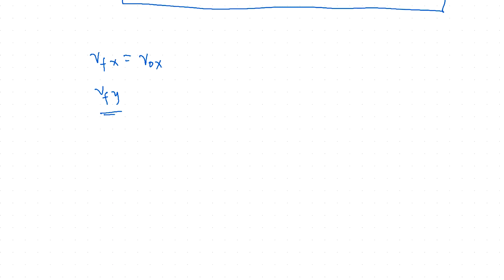Siyempre, gagamitin ulit natin yung mga formula for the y component, no? And we know the initial value, we know the time, we know the acceleration. So we can use, pwede natin gamitin yung first equation. Since alam natin na walang initial velocity, pwede ito yung gamitin natin. Pwede rin natin gamitin kung gusto nyo mag-solve.